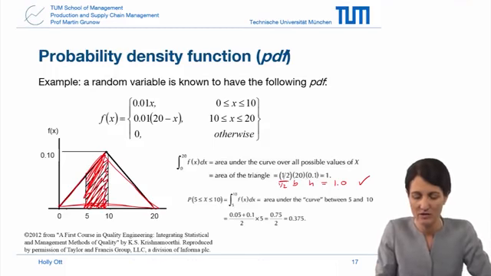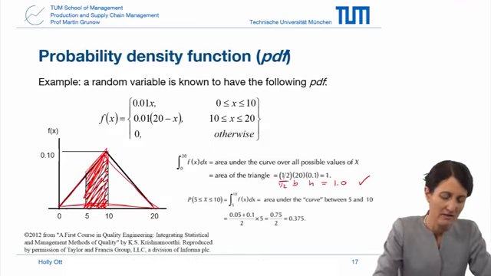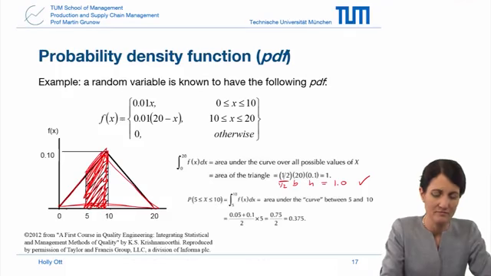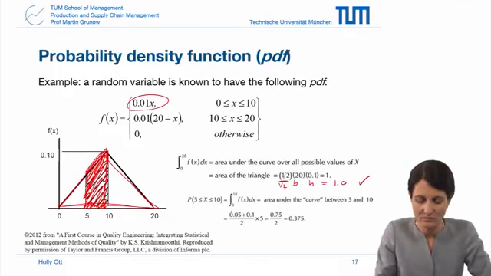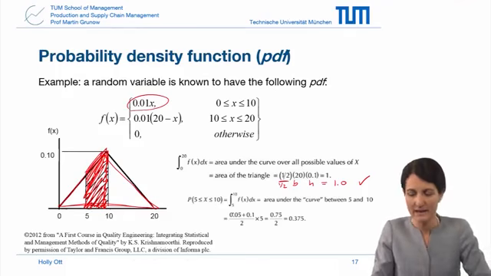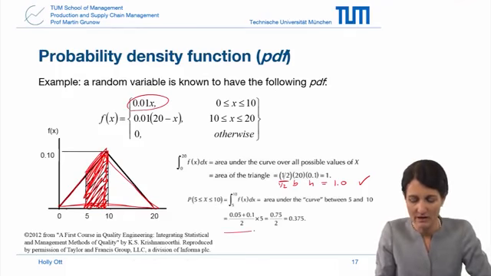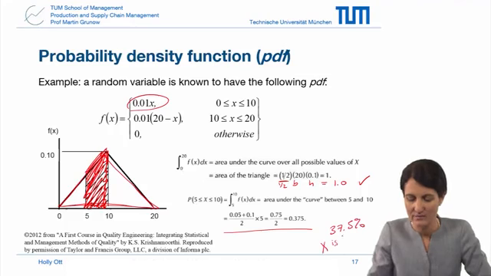Then we take the integral of f of x from 5 to 10, and here we're looking under this part of the curve. So we take the integral of 0.01x, and if we solve that, we find out we have a 37.5% chance that x is between 5 and 10.